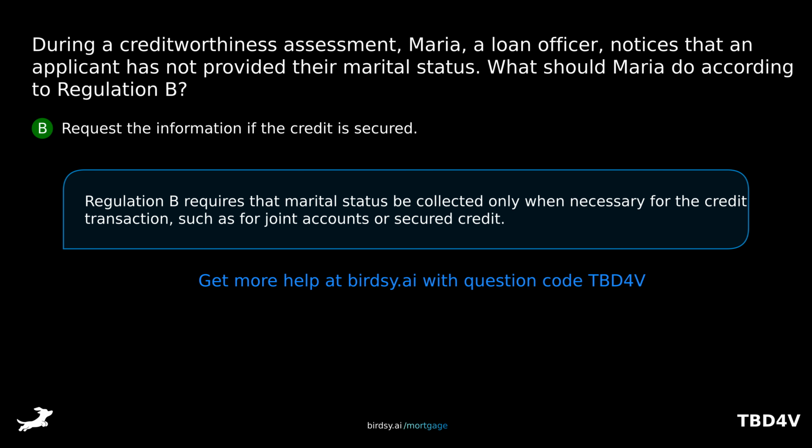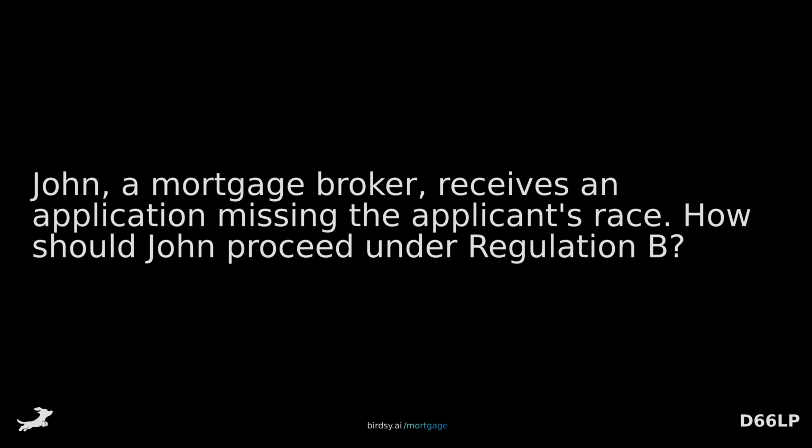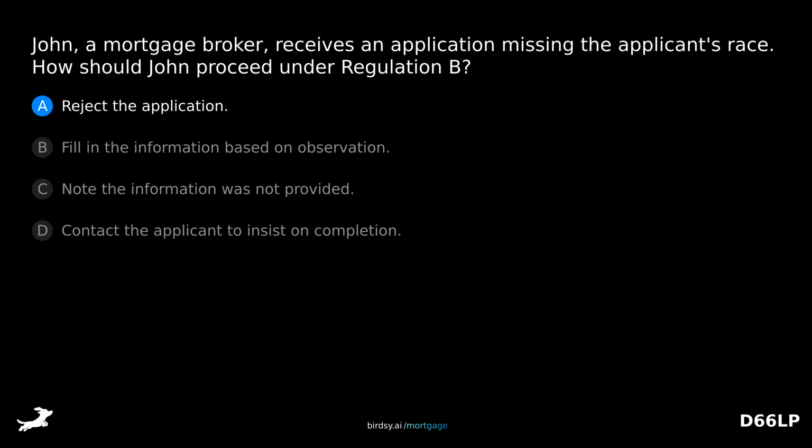Regulation B requires that marital status be collected only when necessary for the credit transaction, such as for joint accounts or secured credit. John, a mortgage broker, receives an application missing the applicant's race. How should John proceed under Regulation B? Is it A, reject the application? B, fill in the information based on observation?